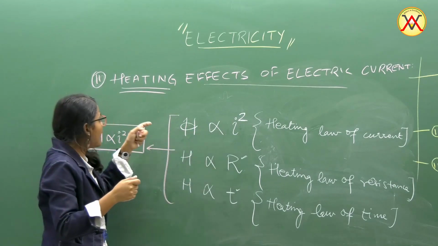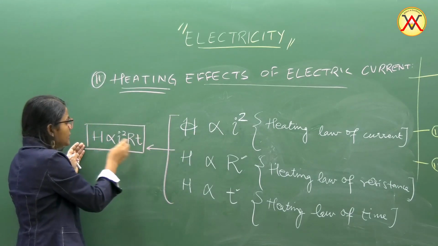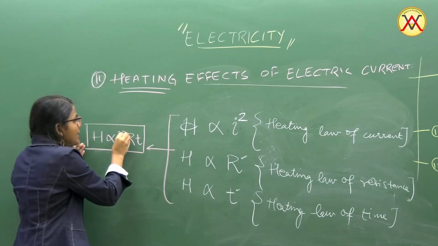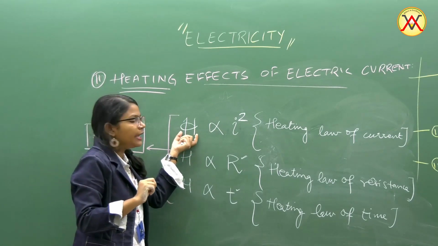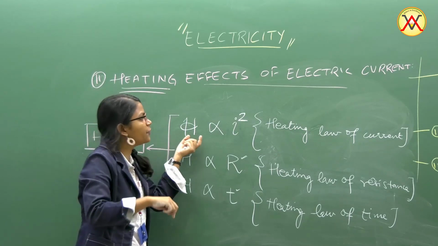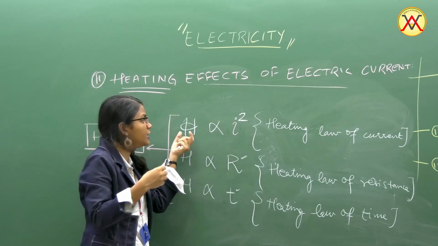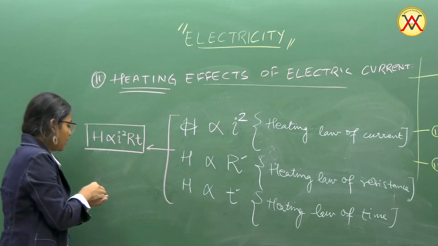That's why our Joule's law of heating, this equation, has I square. If you are giving 2 ampere current, heat would be 4 times. If you are giving 3 ampere current, heat would be 9 times.